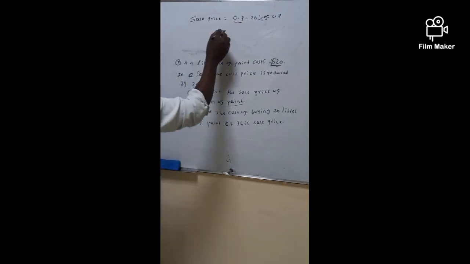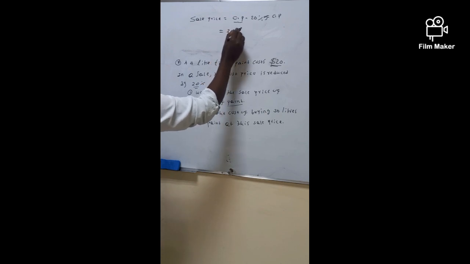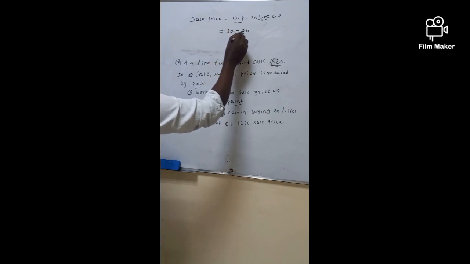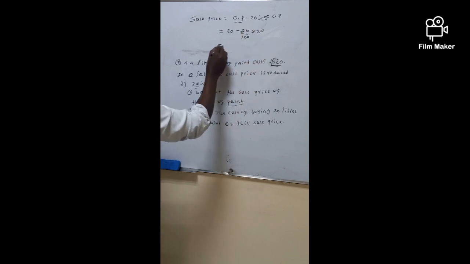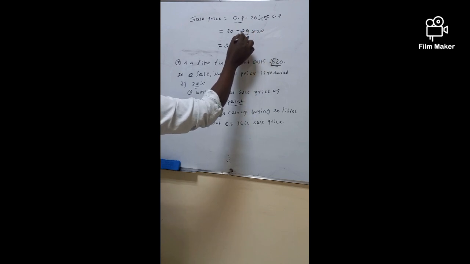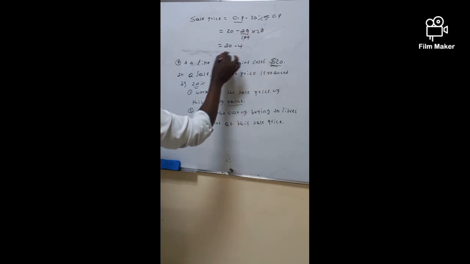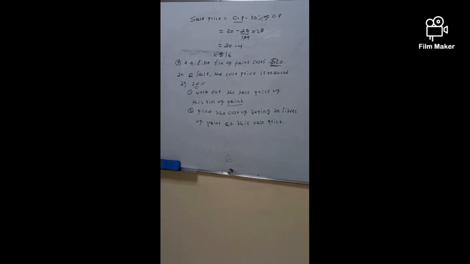The previous cost price was $20. So $20 minus 20 over 100 times 20. That's going to be 20 minus 4, so 16 is the sale price.